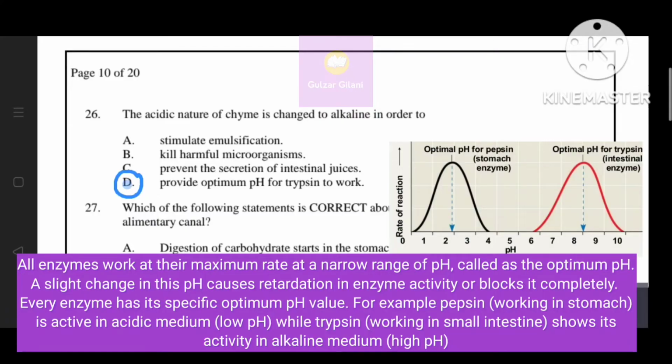For example, trypsin shows its activity in alkaline medium. That's why acidic nature of chyme is changed to alkaline in order to provide optimum pH for trypsin to work. That's why option D, provide optimum pH for trypsin to work, is the correct answer.